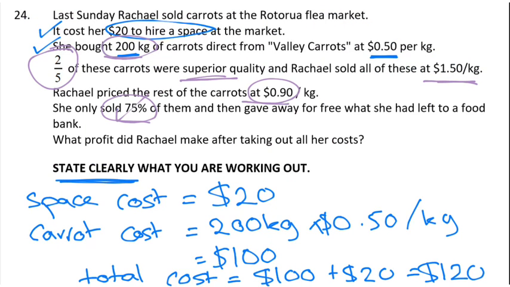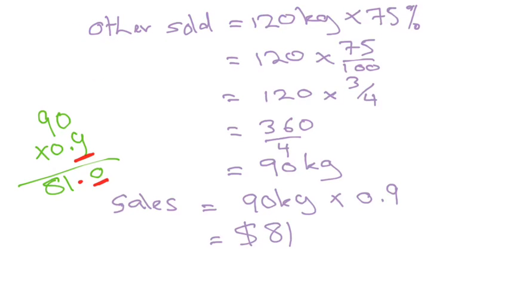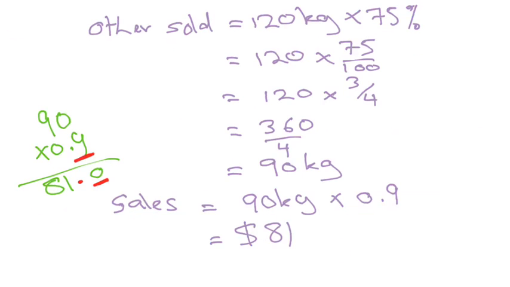Now let me just go back. The question says, what profit did Rachel make? So we know that her costs, both of the costs together, was the $120. We know that her sales, from the money that she earned, she got $81 from the other, and she got $120 from the superior quality.